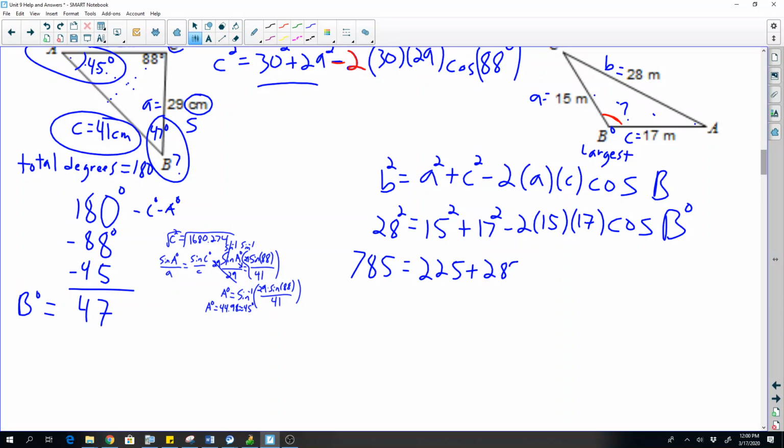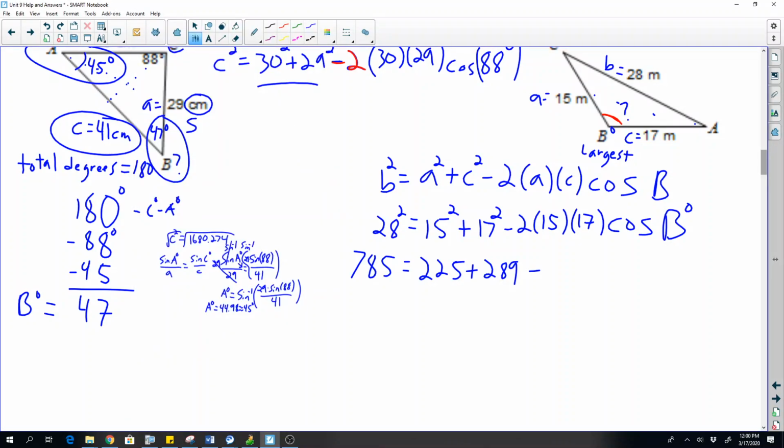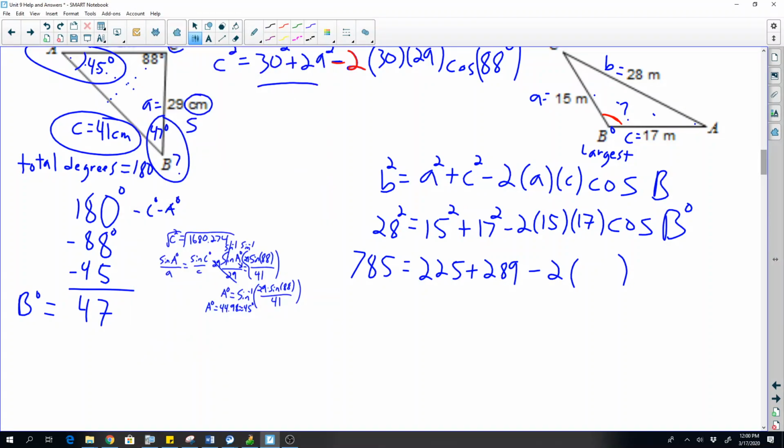Then we have minus 2, and then we'll multiply those together, 15 times 17. 15 times 17 is 255. And then we have cosine of angle b.